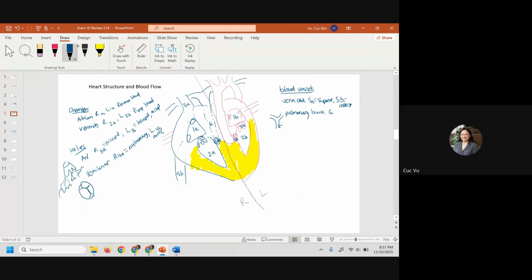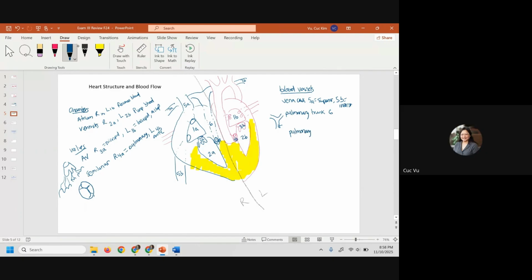And then where it actually splits, you have 7A and 7B. What's 7A and 7B? Or what's 7? It's still going to the lungs. 7A, left pulmonary artery.